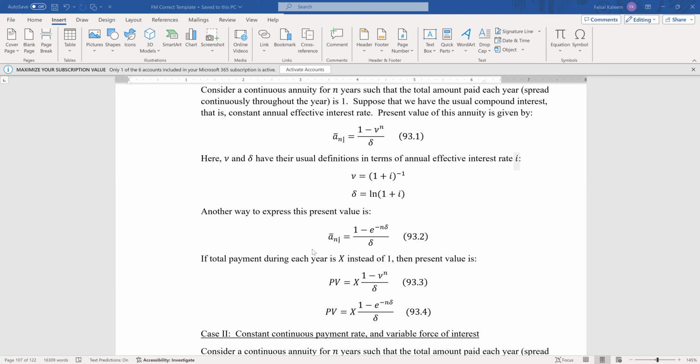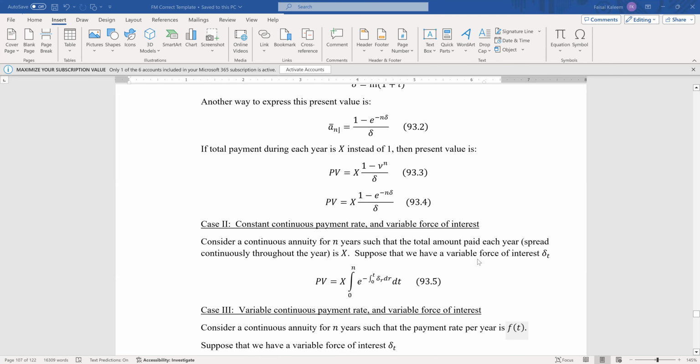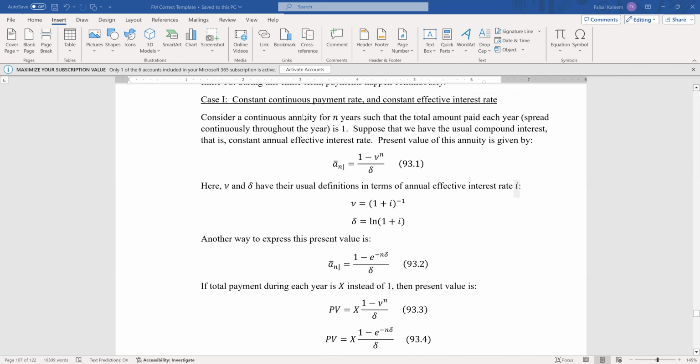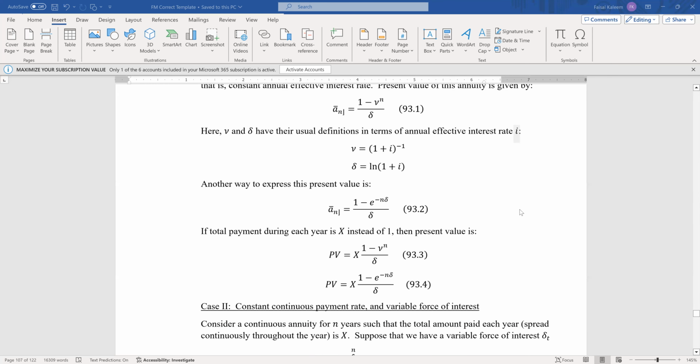Now if the total payment per year is x instead of 1, then as usual we just multiply this present value by x, and similarly in this other equation. So this was the case of constant continuous payment rate and constant effective interest rate.